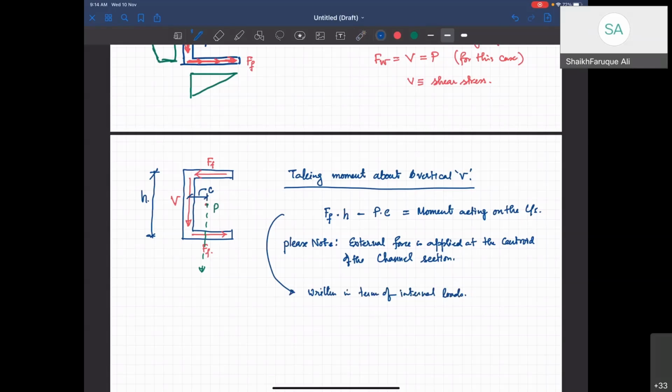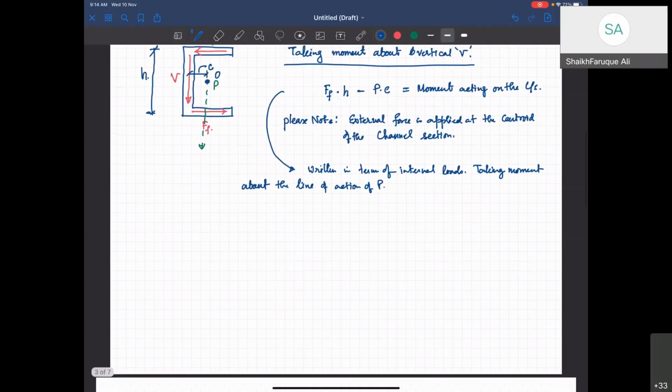That means taking moment about this point, let's say this point is O, taking moment about the line of action of P. Then what do we write?